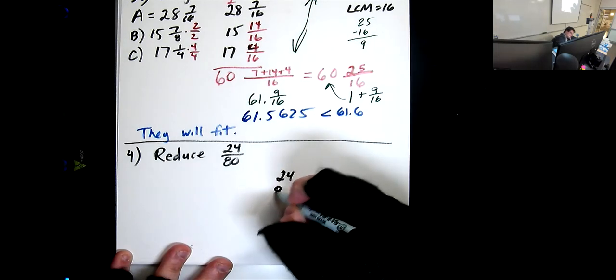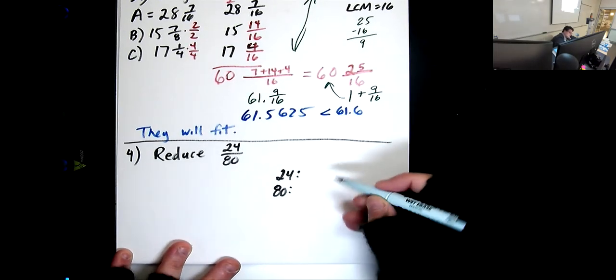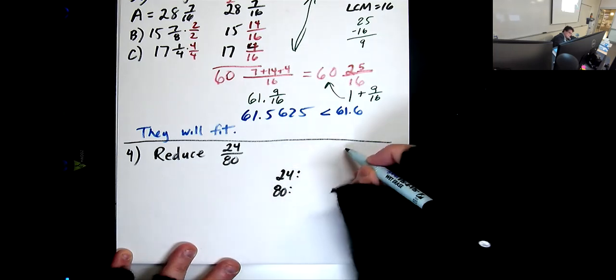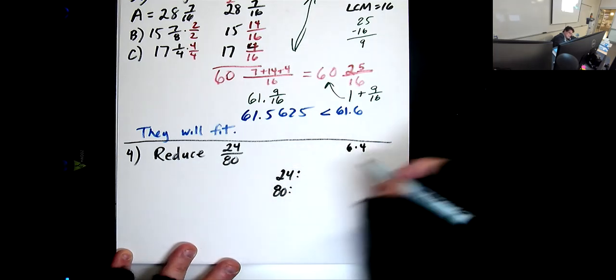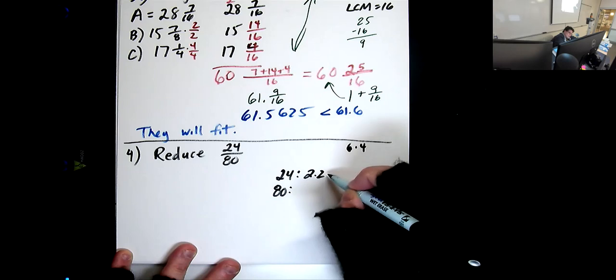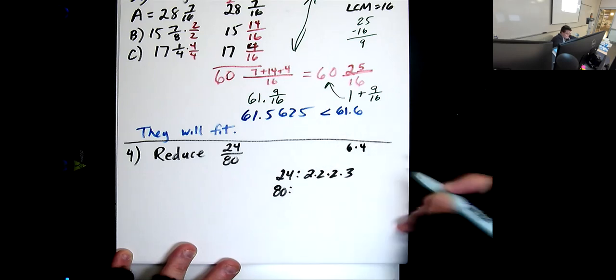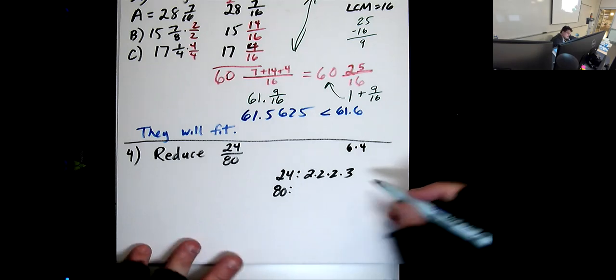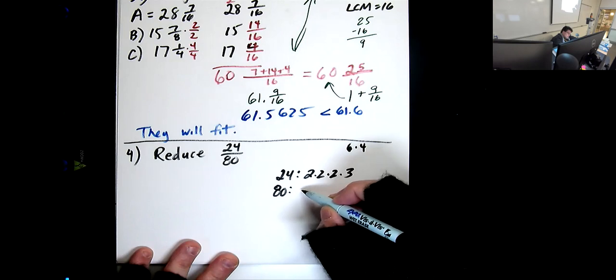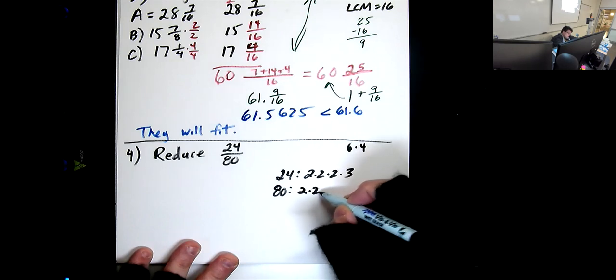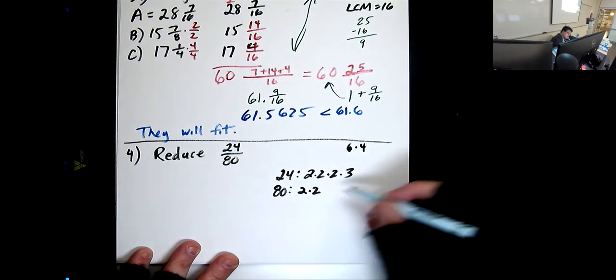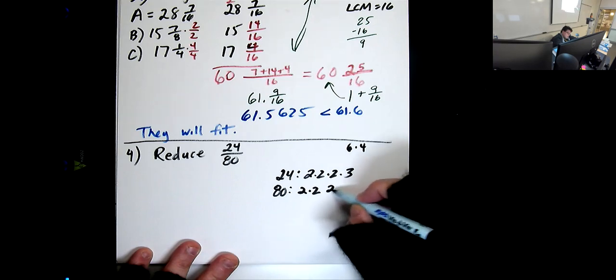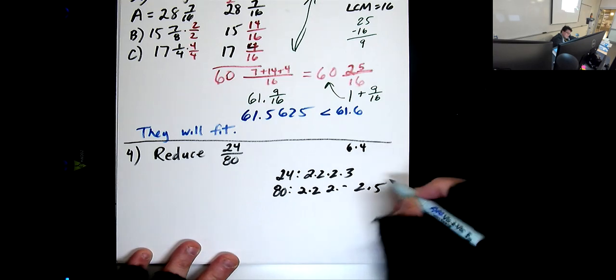Greatest common factor, let's see, let's write out what 24 is. 24 is 6 times 4. So I'm gonna have a 2, a 2, a 2, and a 3. 80 is 20 times 4. So 2 times 2 is the 4. And 20 would be 2 times 2 times 5.